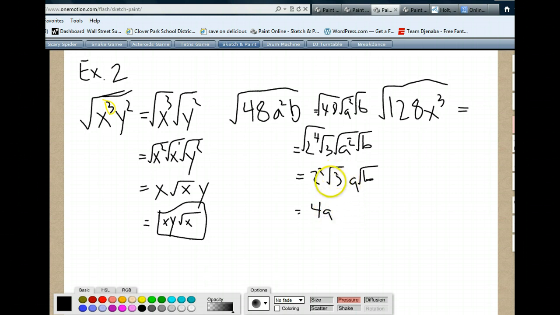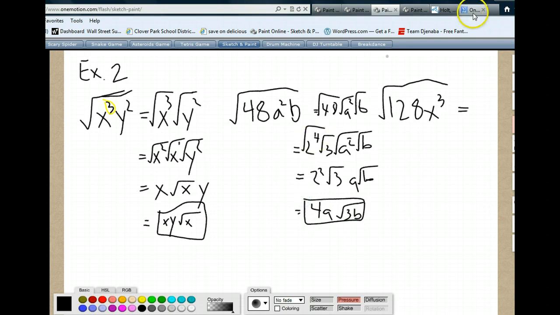And then I'm left with square root 3 and square root b. I'm not going to put them separately right here. I'm just going to put them all under the radical symbol. And so I'm left with 3b.